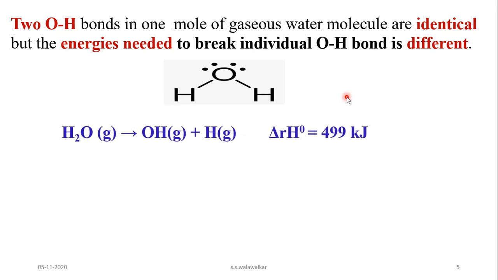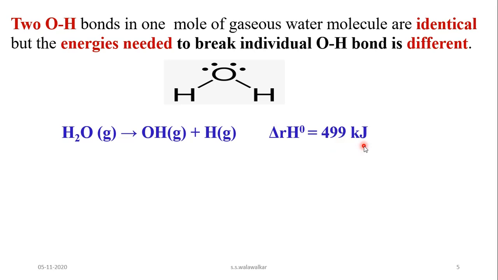So see here, the H2O in a gaseous state gives you OH first. This reaction takes place in 2 steps. In first step, H2O in a gaseous state gives you OH in a gaseous state plus H in a gaseous state, and during this to break the single covalent bond, how much amount of energy is required?